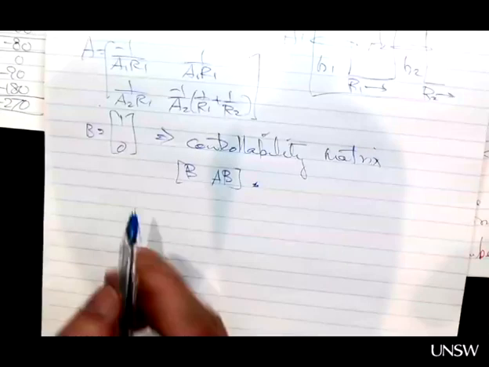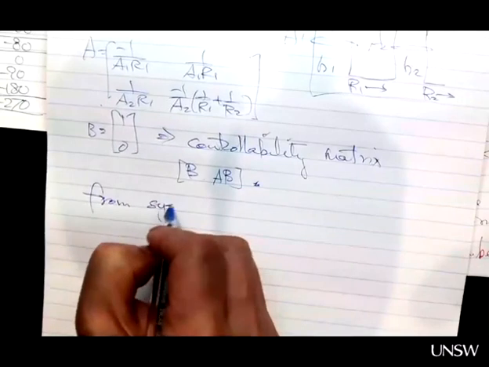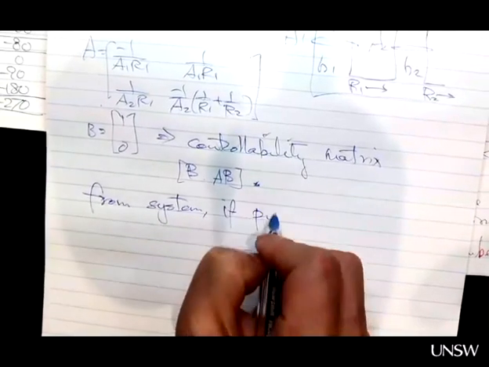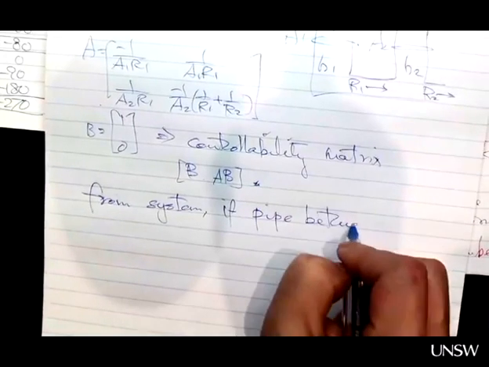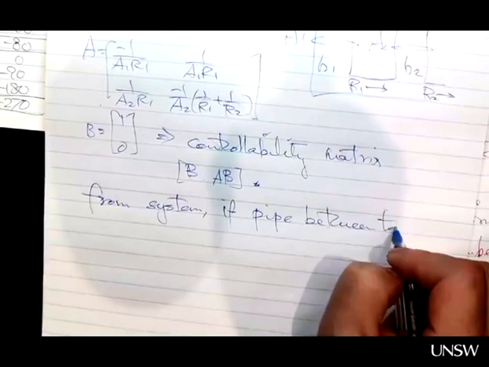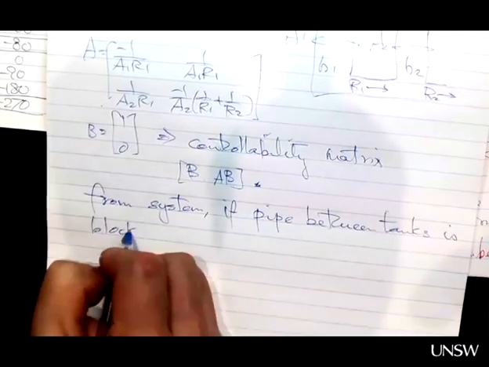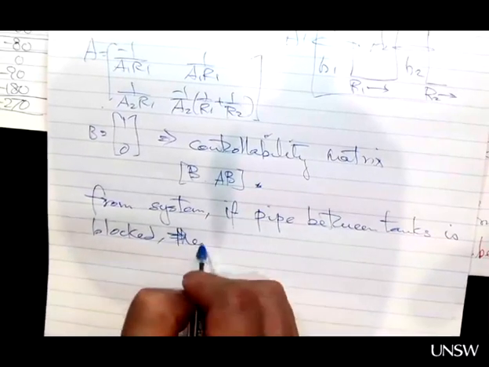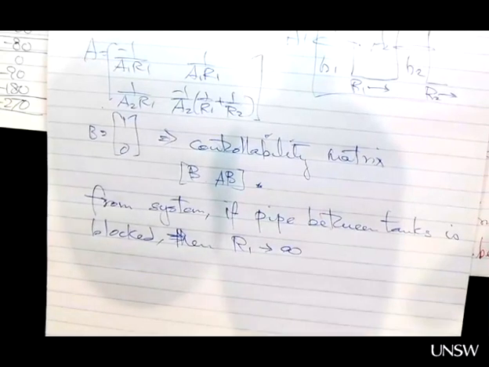From the system, if the pipe between the tanks is blocked, then R1 goes to infinity. The resistance is infinite if the pipe is blocked.